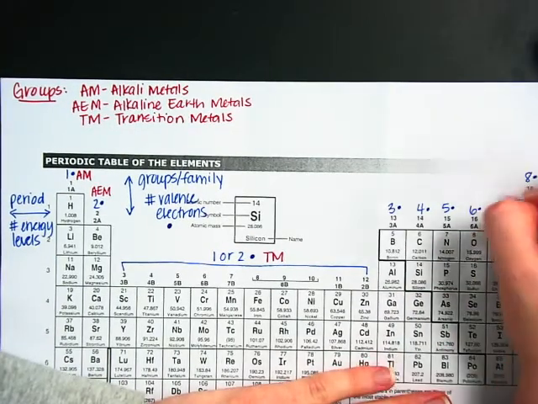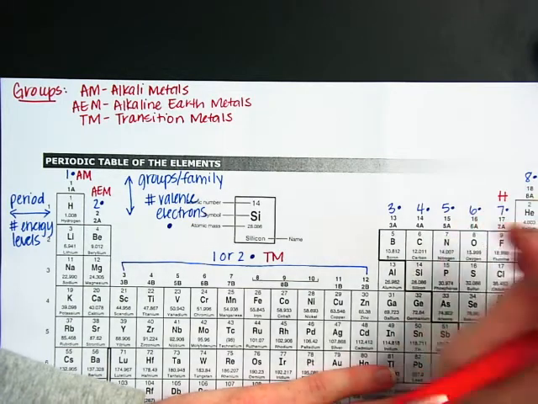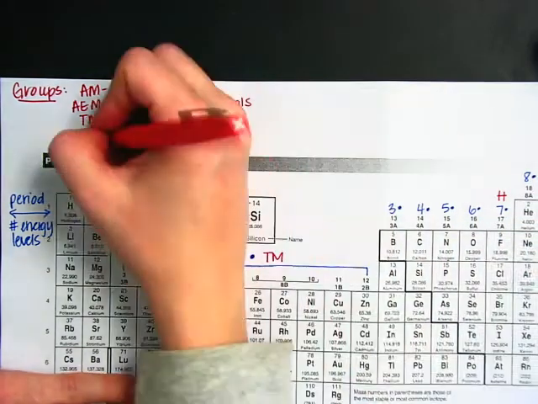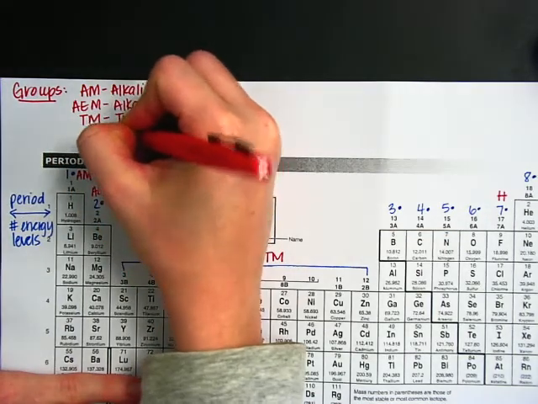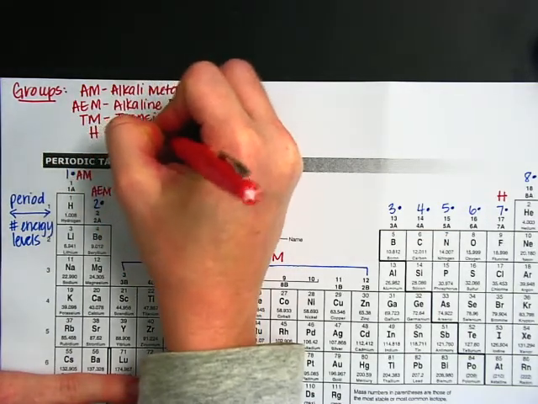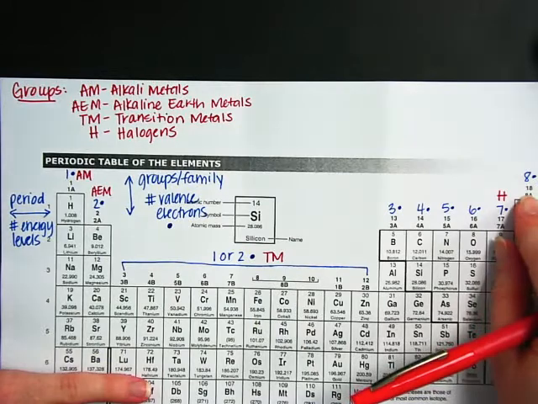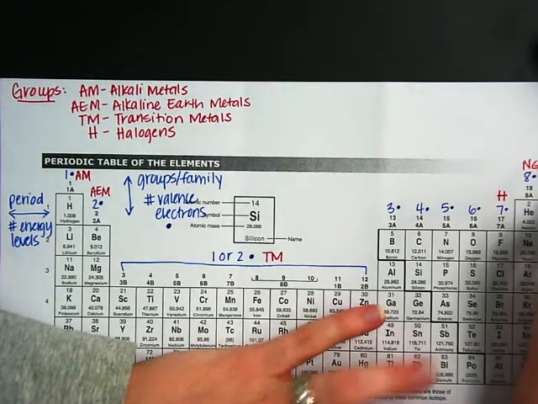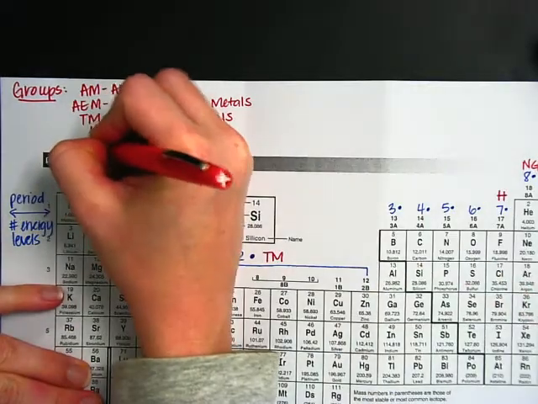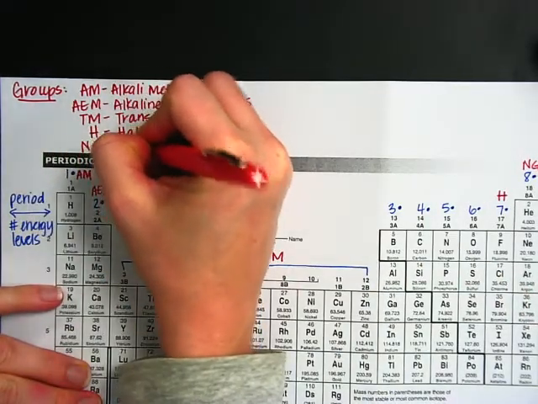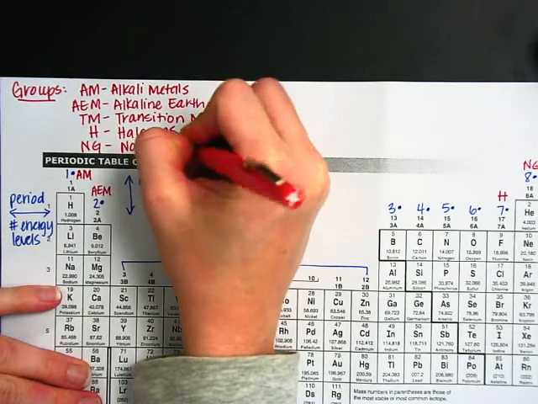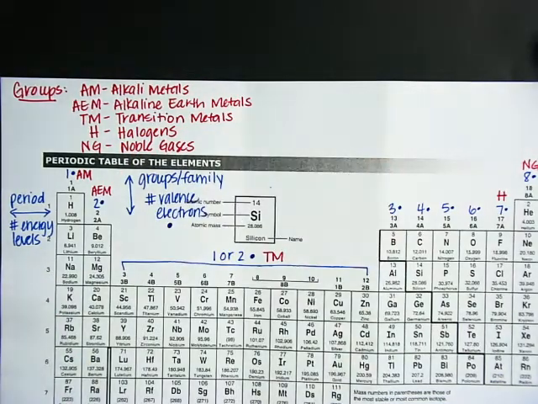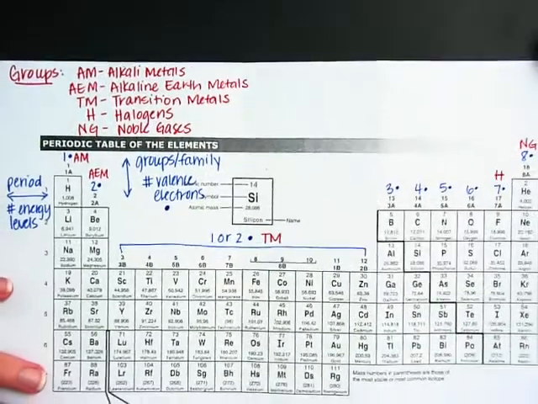If you look at your reading, the halogens. So we'll put an H. They were called the halogens. Anybody remember what group 18 was called? The noble gases. Good. So we'll put NG.